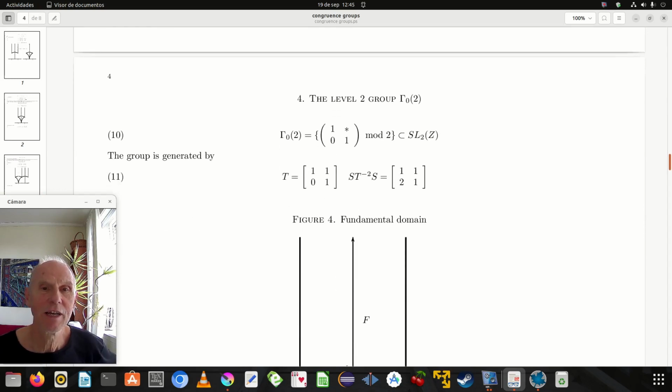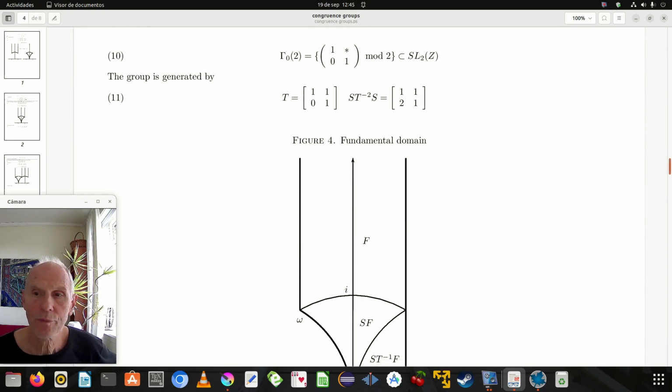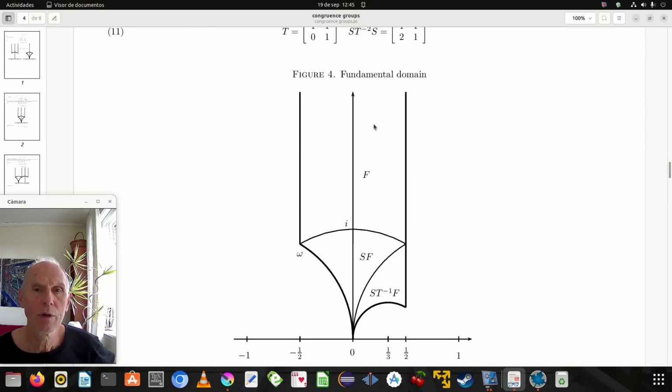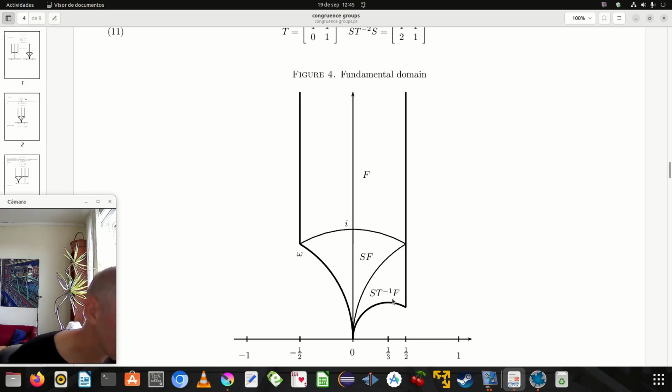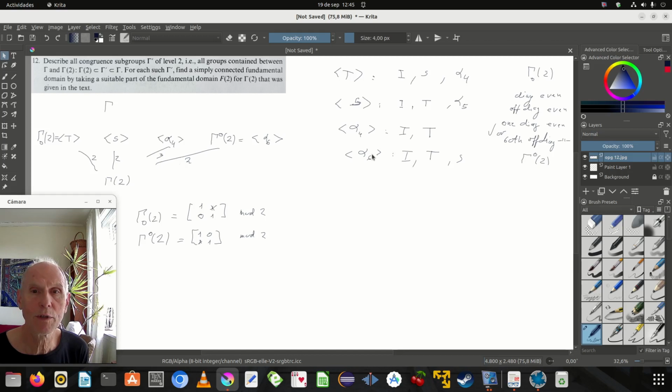Very nice. And gamma naught. So we have F, SF, and this guy, what was that? That was alpha 5. No, alpha 4 to minus 6. Let's see if I have alpha 4 as well. That's exactly what I have.